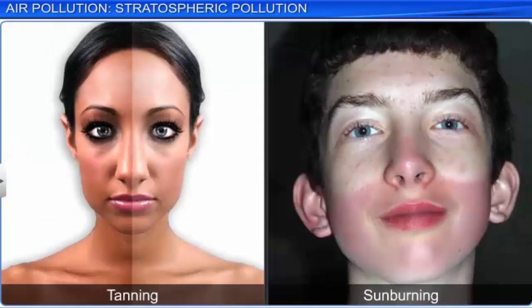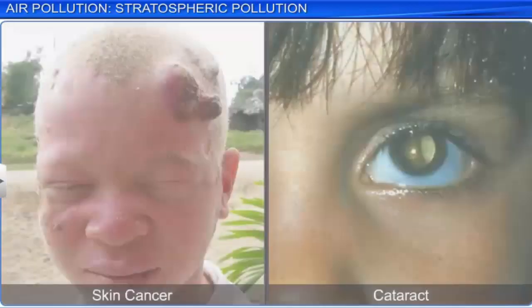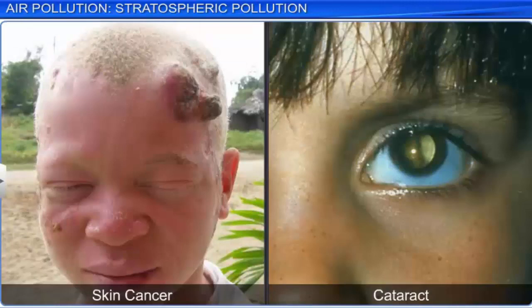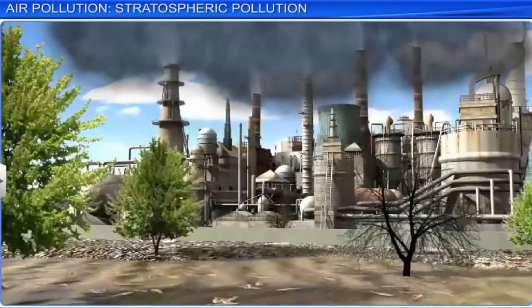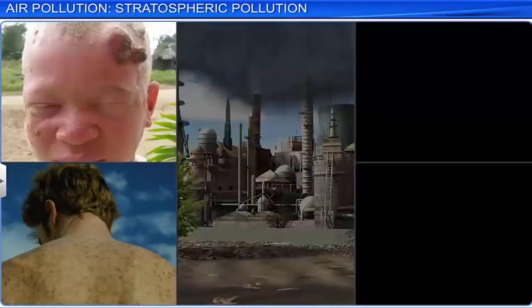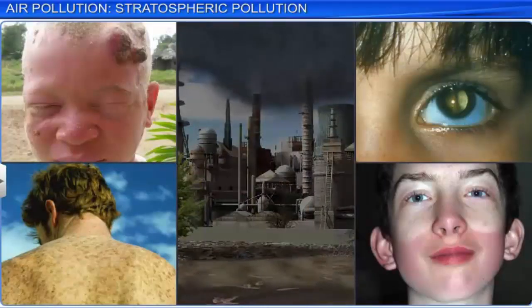The tanning and burning of the skin are the effects observed normally. However, these are the least harmful, because sun rays can also cause skin cancer and cataract. With the increasing atmospheric pollution, we are being exposed to more and more such risks.